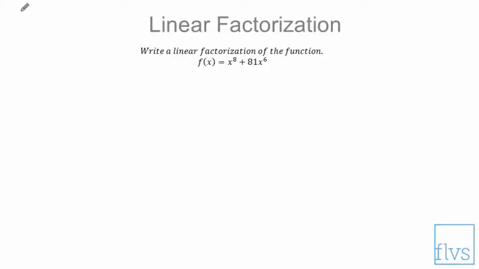So anytime we factor, the first thing we're going to look for is the GCF, which stands for greatest common factor. Here I notice my GCF is x to the 6th. And when I take that out, I'm left with x to the 2nd plus 81.